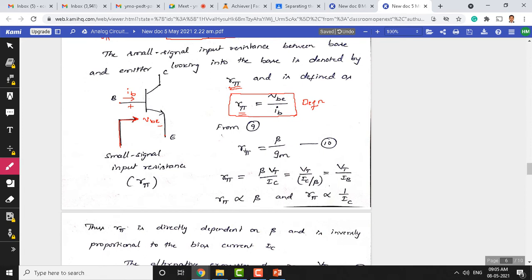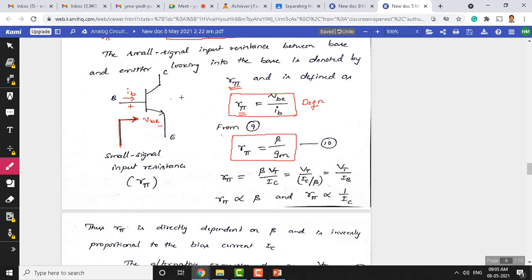Okay, so let us proceed further now. So this is the basic formula for R pi, a resistance measured here, internal to the transistor, because you can see the small letter r. Physically I can show something like this also.